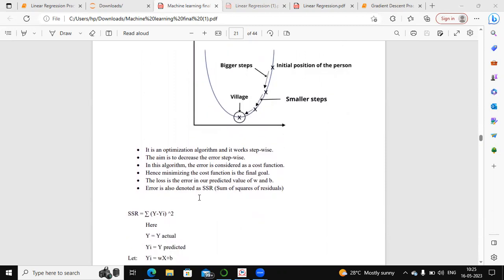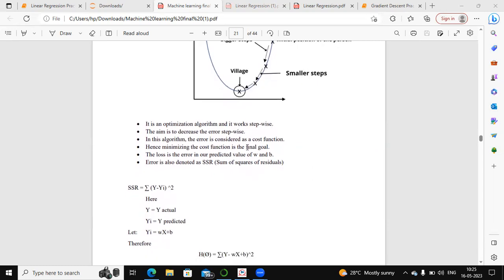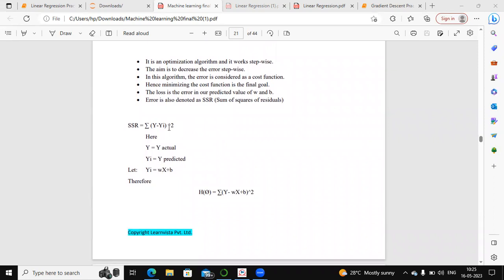In this algorithm, the error is considered as the cost function. Hence, minimizing the cost function is the final goal. The loss is the error in our predicted values of W and B. Error is also denoted by the sum of squared residuals, that is (y actual minus y predicted) squared.